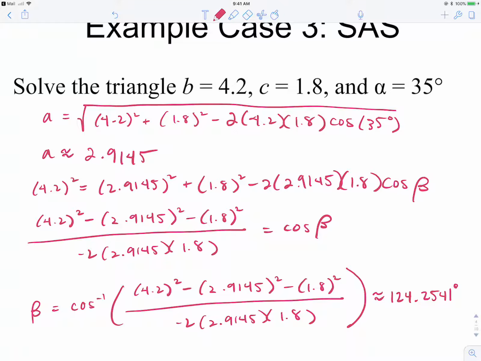And I get 20.7459 degrees. Okay, I'm going to ask you guys on your assessments to summarize all of the angles and sides. For now, for the sake of time, I'm just going to highlight what our solutions are.